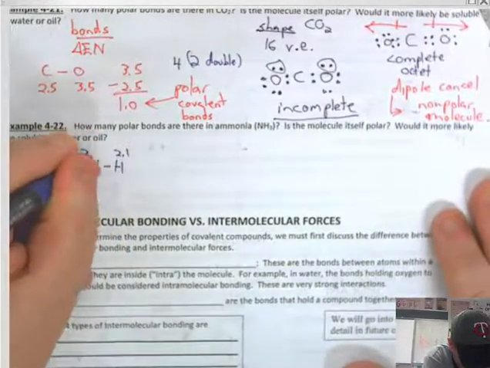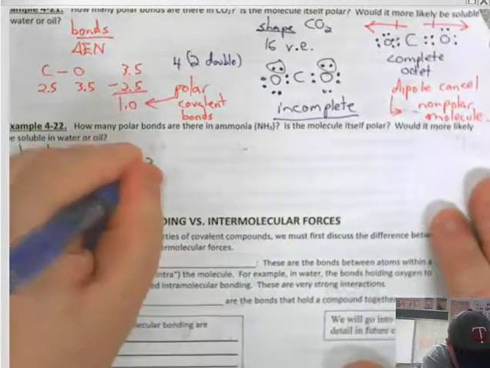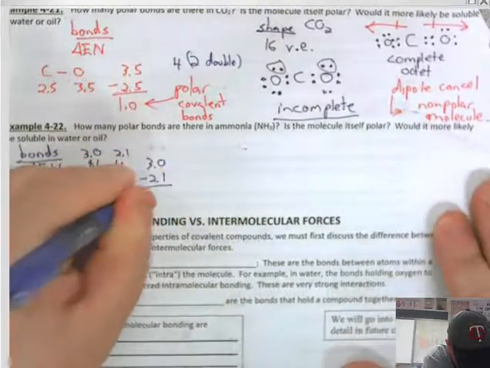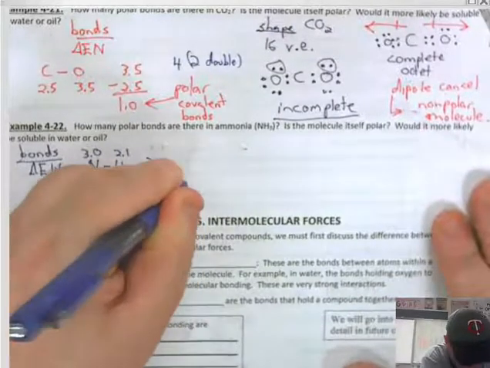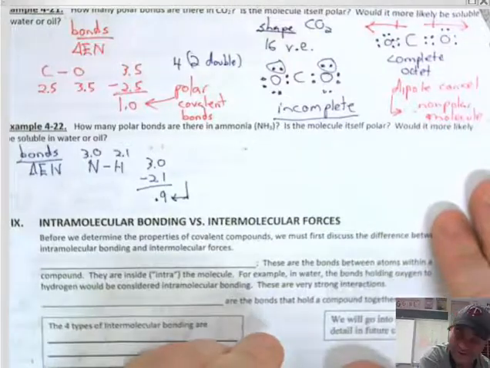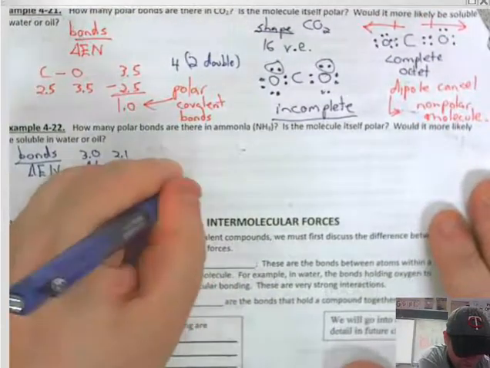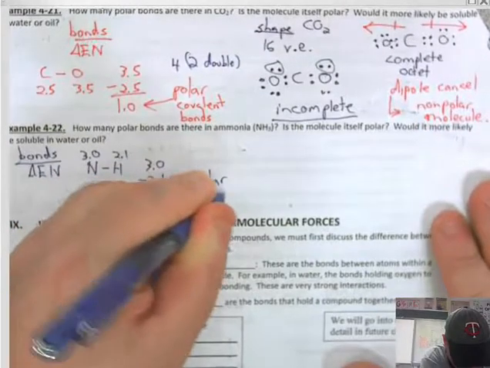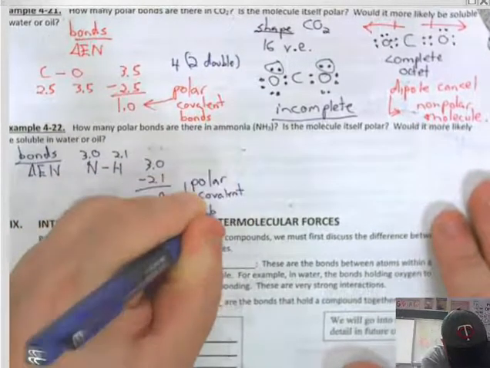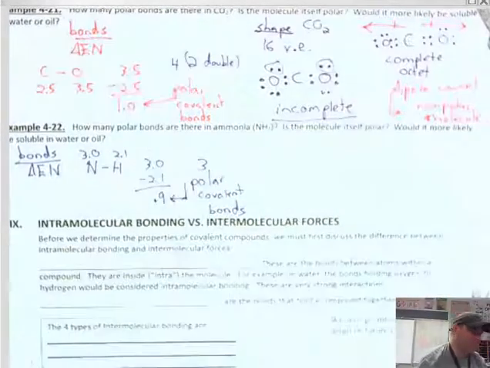The nitrogen is 3.0. So we do 3.0 minus 2.1. This is 0.9. 0.9 is between 0.3 and 1.7. So you know what I'm going to say here in a second, don't you? This is going to be some polar covalent bonds. In fact, it's going to be 3 polar covalent bonds.